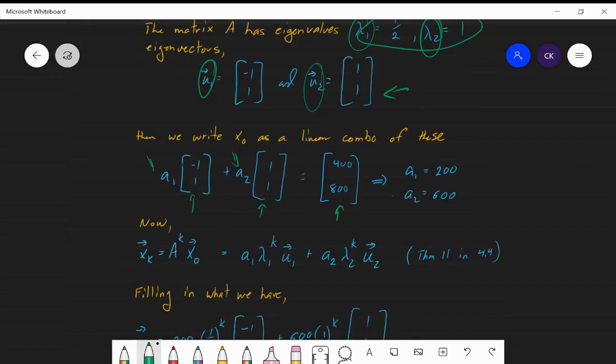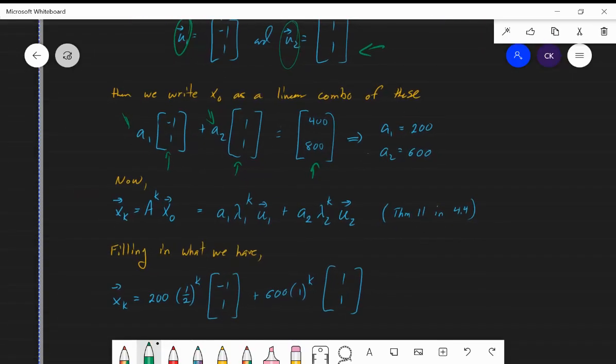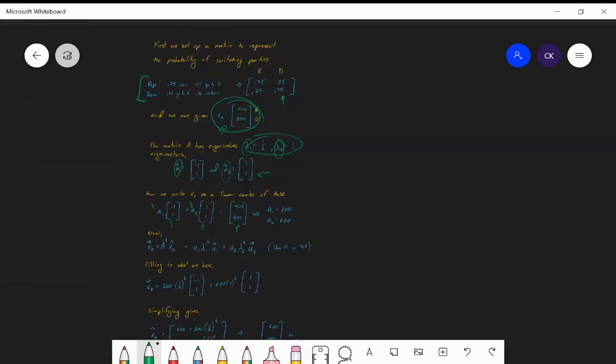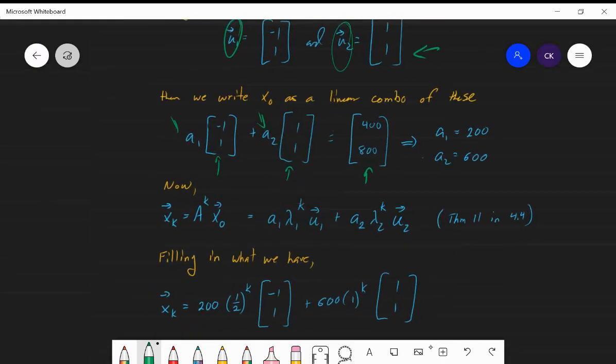So this is all coming down to this particular formula that helps us generate the general term x sub k. You can see what we need: this A1 and A2, which is the linear combination of the eigenvectors here and here that will produce the initial value.